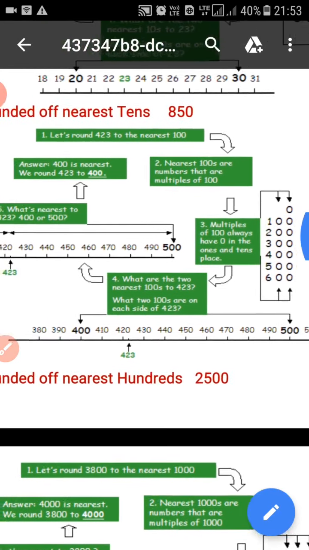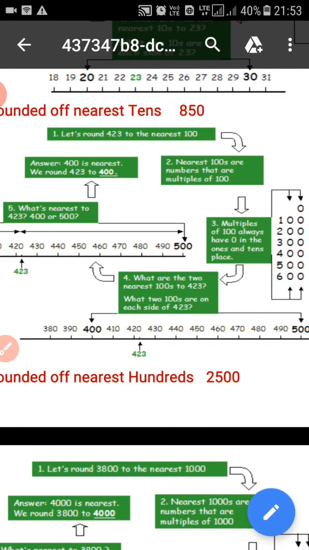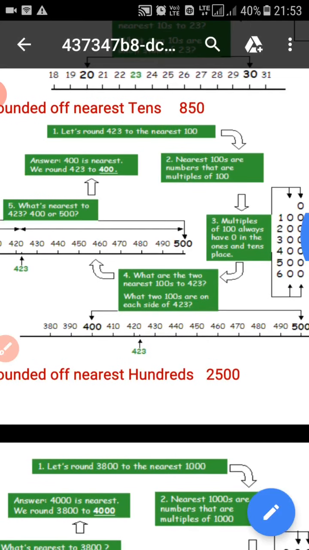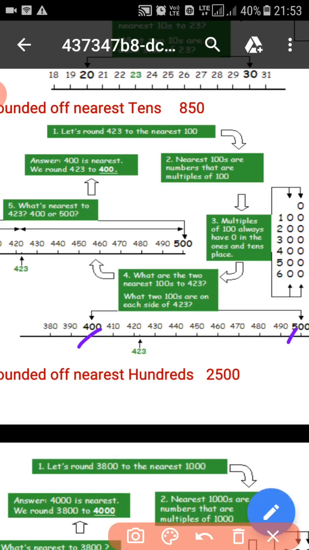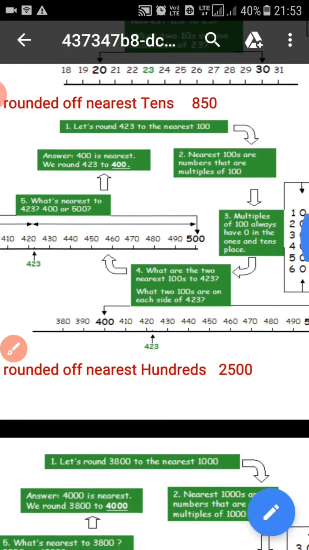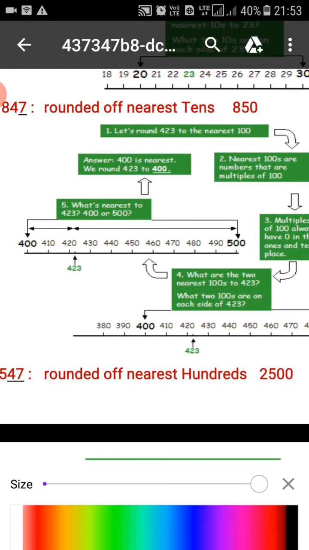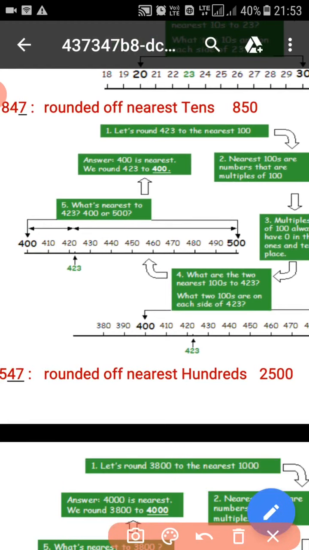Okay, and what are the nearest hundreds to 423? 400 and 500. So what is the nearest 100 to 423? The difference between 400 and 423 is less, but the difference between 423 and 500 is big. So the nearest 100 is 400.